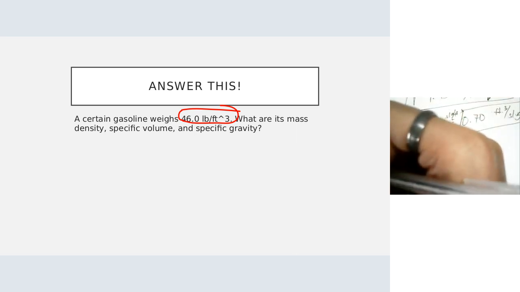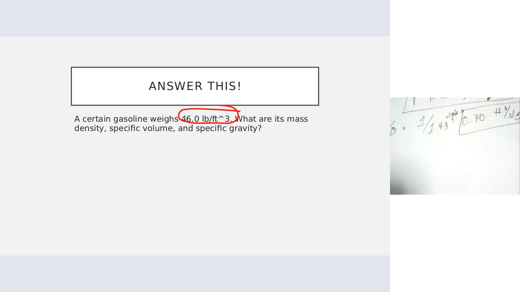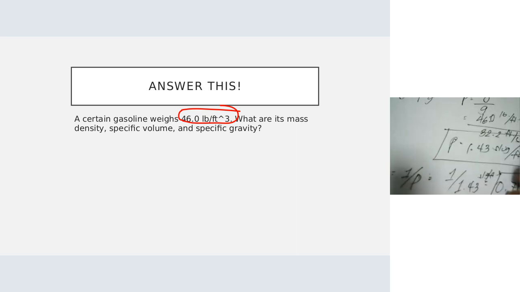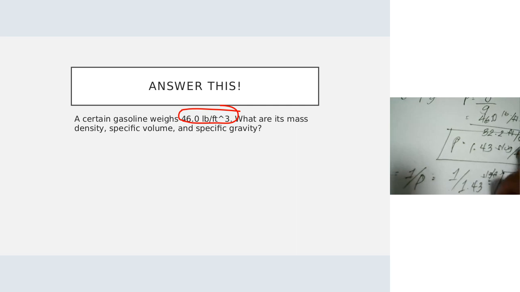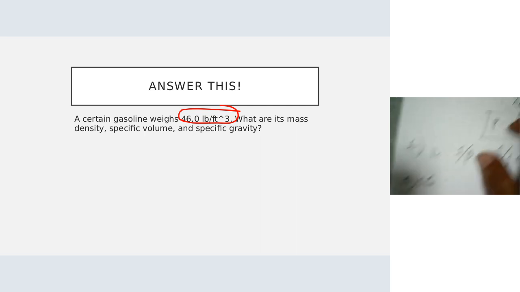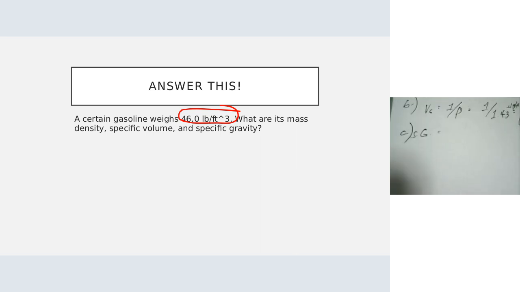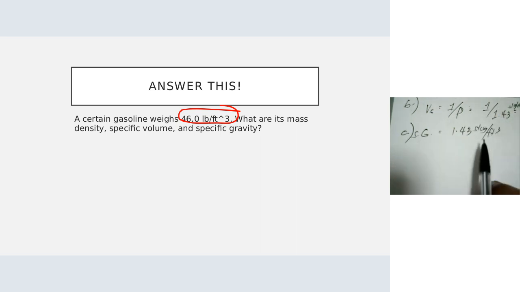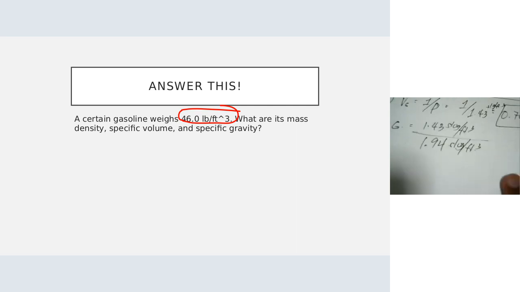And then for the specific gravity, we can use either the unit weight or the mass density. So ang gamitin na lang natin is yung mass density. Okay? So 1.43 slug per cubic foot over the mass density of water, which is 1.94 slug per cubic foot.